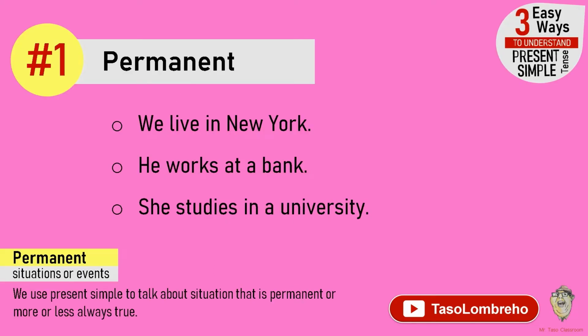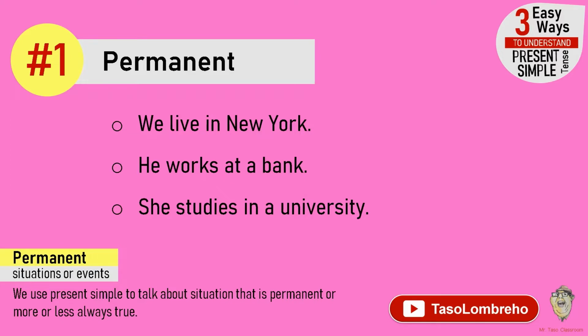Number 1 is permanent situation. We use present simple to talk about situations that are permanent or more or less always true. We can talk about a place where we live, a place where we work, or a place where someone studies.